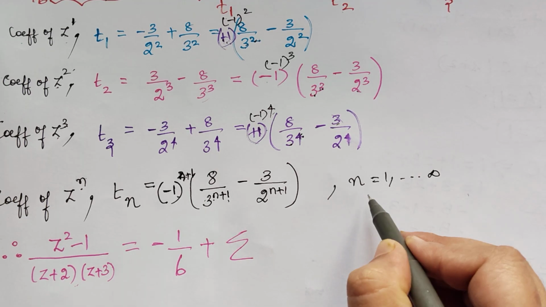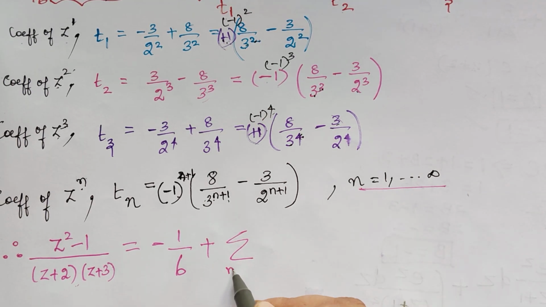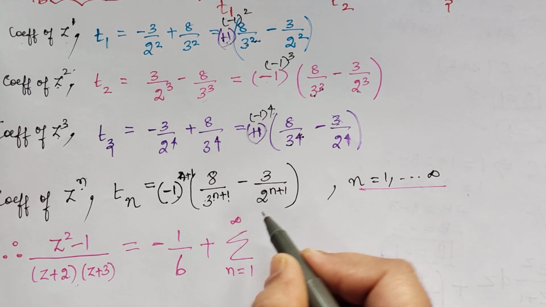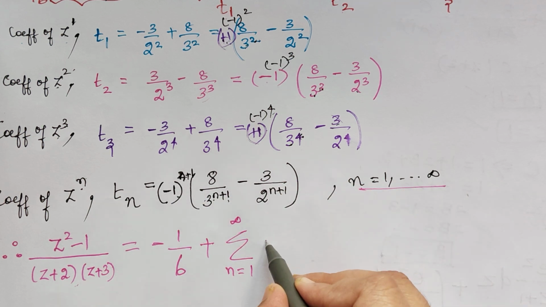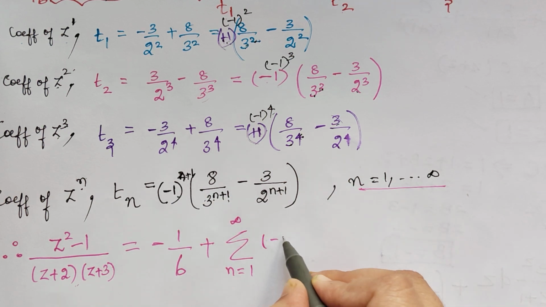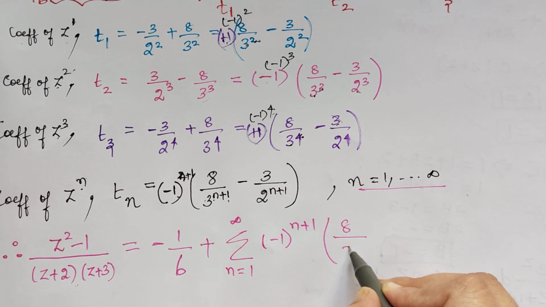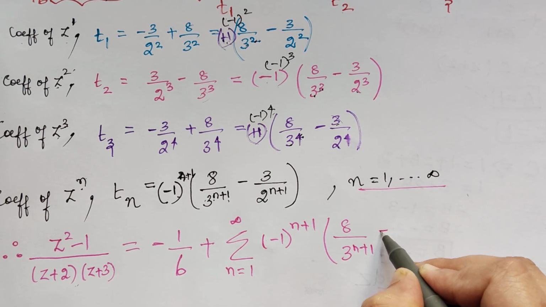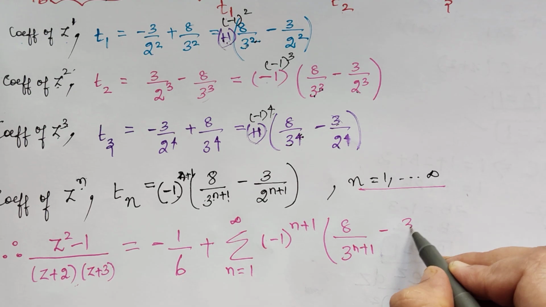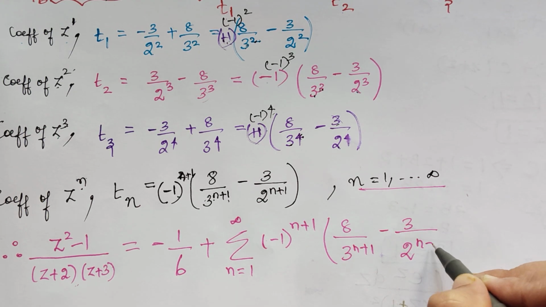The value of n varies from 1 to infinity, and the general term is Tn, which is minus 1 power n plus 1 multiplied with 8 by 3 power n plus 1 minus 3 divided by 2 to the power n plus 1.